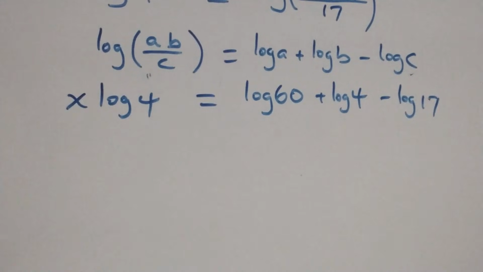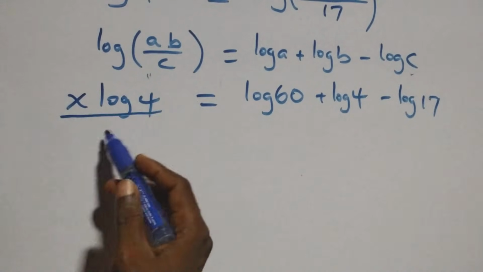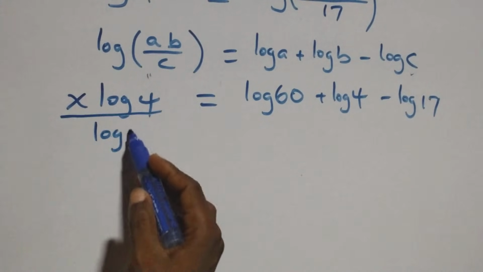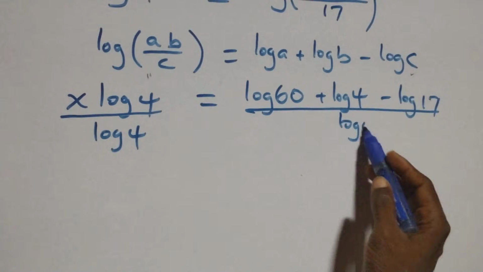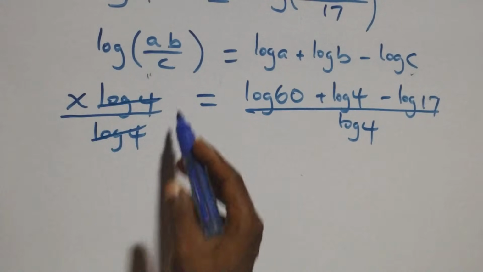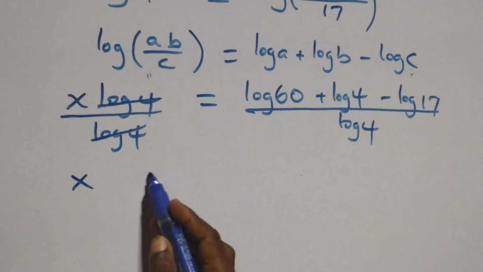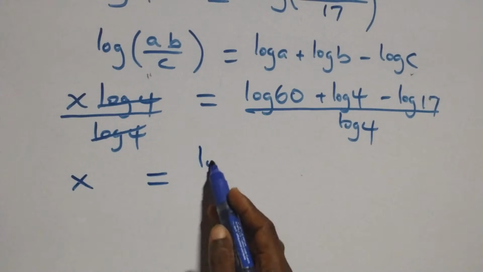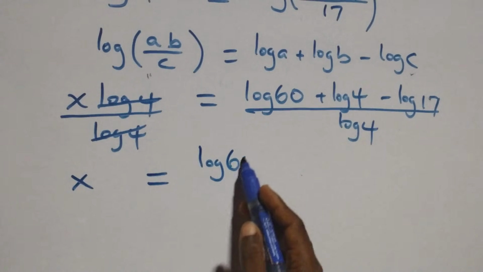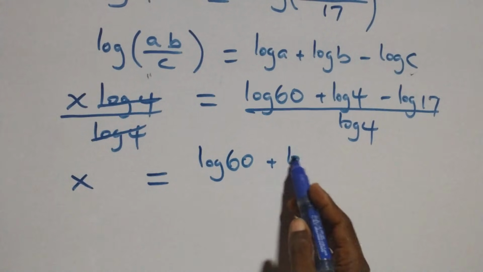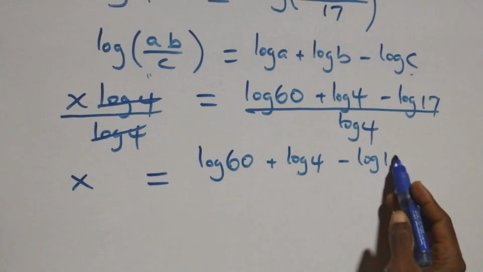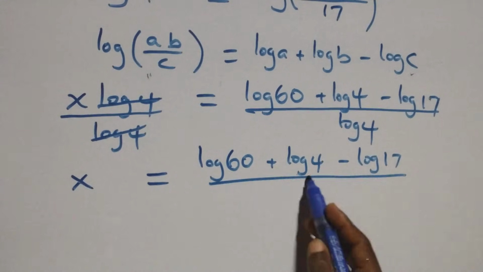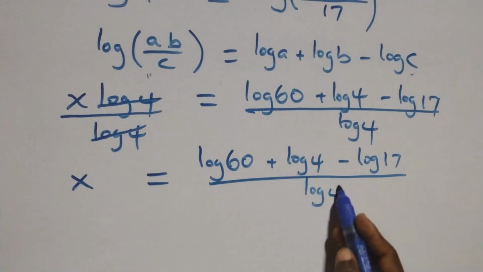Then we divide both sides by log 4. Divide this side by log 4, also divide this side by log 4. So here log 4 cancelled each other. We have x equals log 60 plus log 4 minus log 17 over log 4.